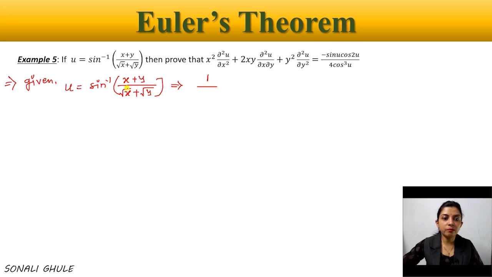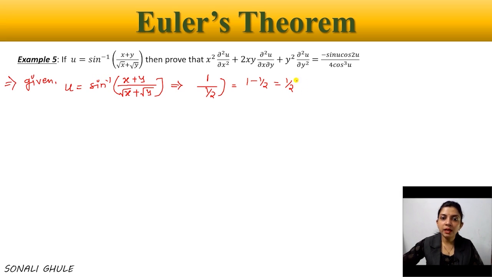And in denominator, what is the degree? 1 by 2, 1 by 2. Means common degree is 1 by 2. And if I do this, 1 minus 1 by 2, what do I get? 1 by 2. But here I am getting 1 by 2 for sine inverse. For sine inverse, what do I have to do?